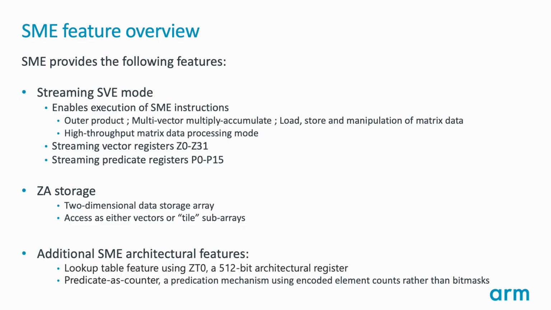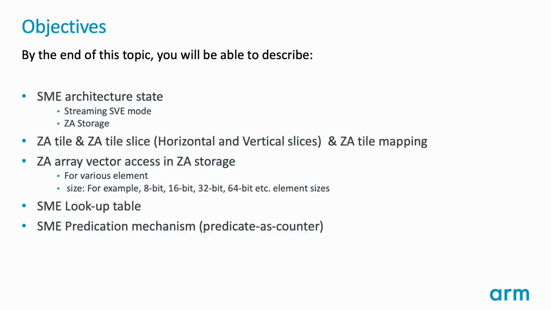The objective of this training is that, at the end of this topic, you will be able to describe the SME architecture state, with details on how we can access ZA storage, how we can turn on and turn off streaming SVE mode, how we can turn on and turn off ZA storage, and what the various mechanisms are to access the data in the ZA storage as a ZA tile slice, as a ZA array vector, etc., for different element sizes: 8-bit, 16-bit, 32-bit, 64-bit, 128-bit, etc. And we'll be able to use the SME lookup table feature.